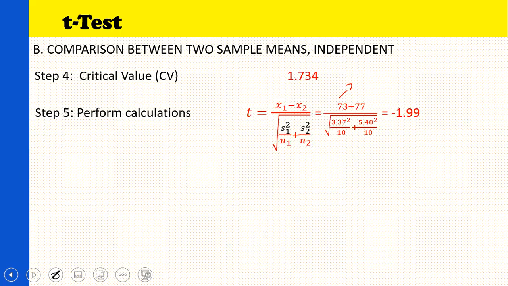If we evaluate it, people, ang resulting value niya is negative 1.99.